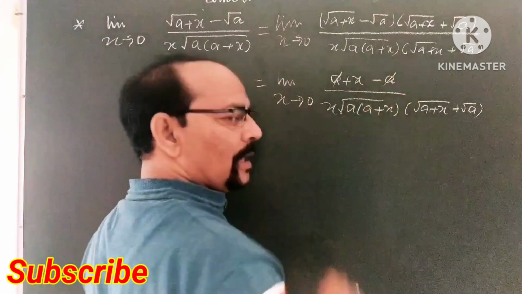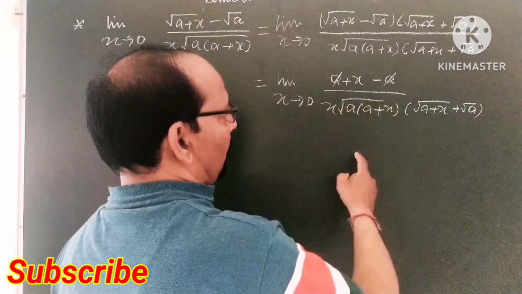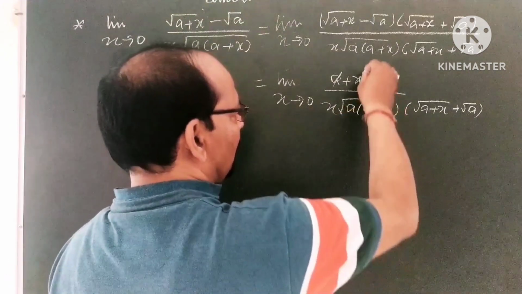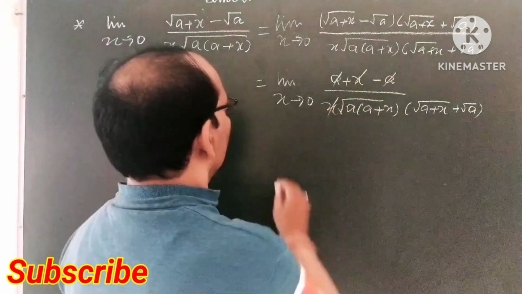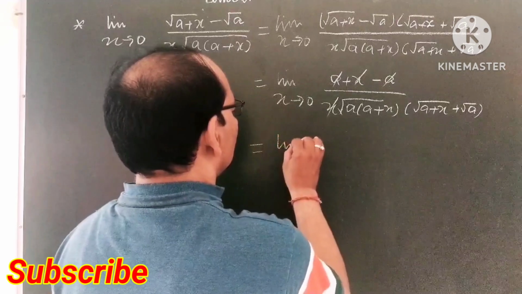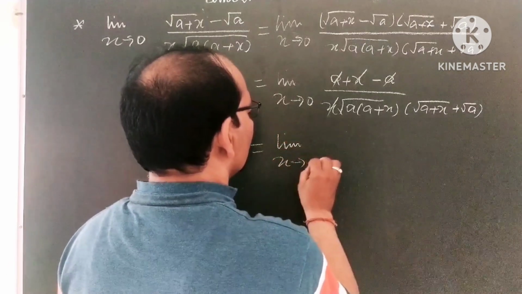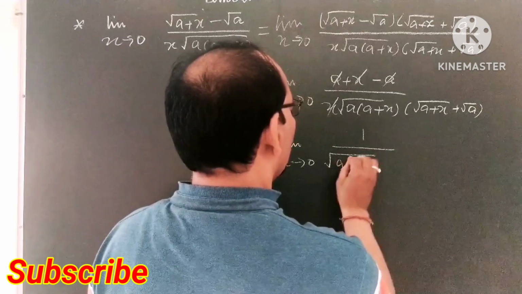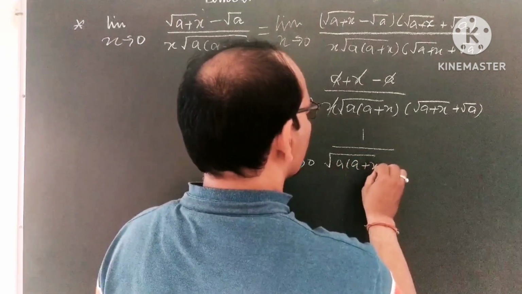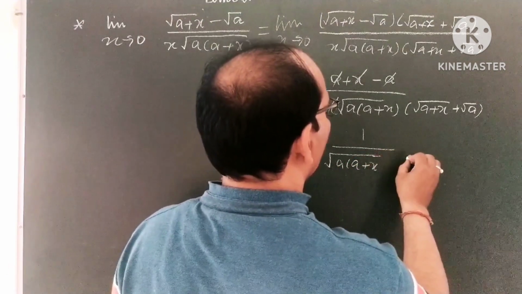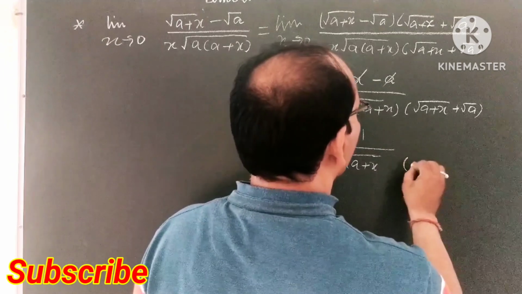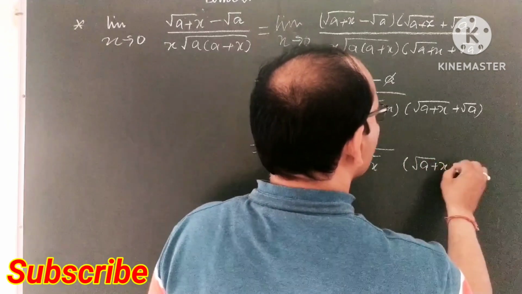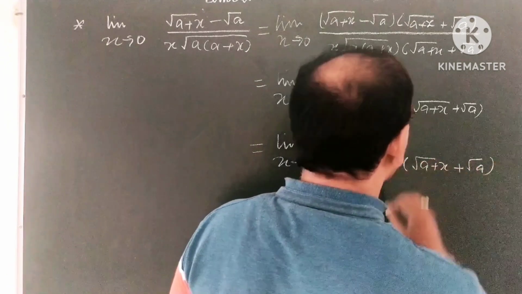A and a cancel. Therefore it will be x by this form. Therefore x and x also cancel. Therefore the limit will be x tends to 0, 1 upon root a into a plus x, and into root of a plus x plus root a.